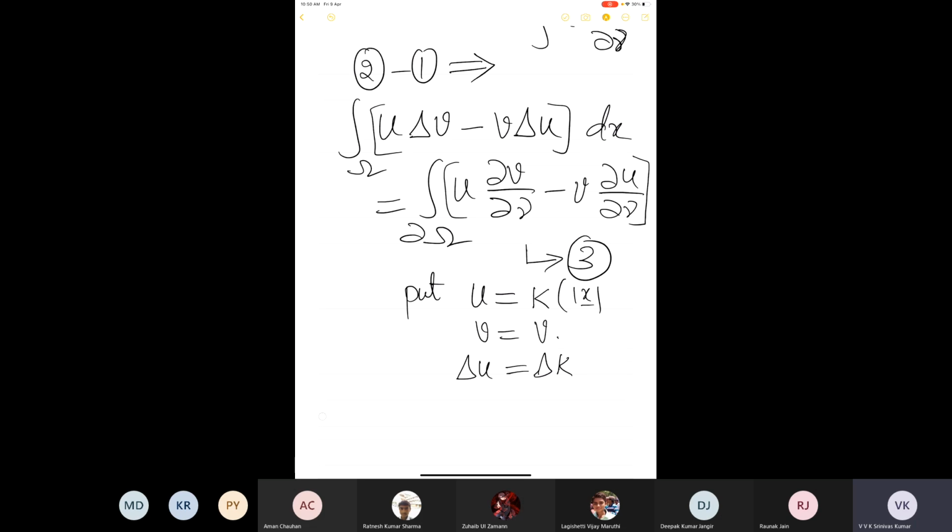Laplacian of K is zero. These are real functions. Put u equal to K of mod x.